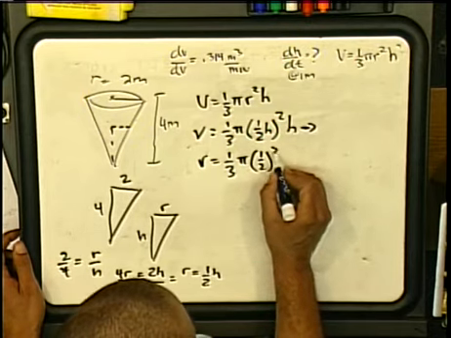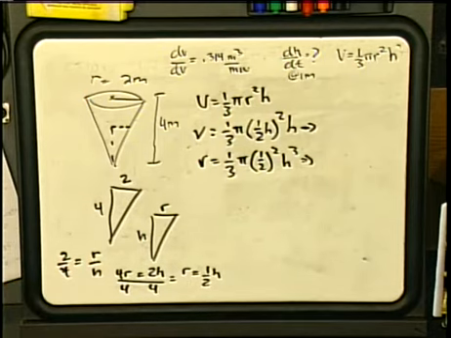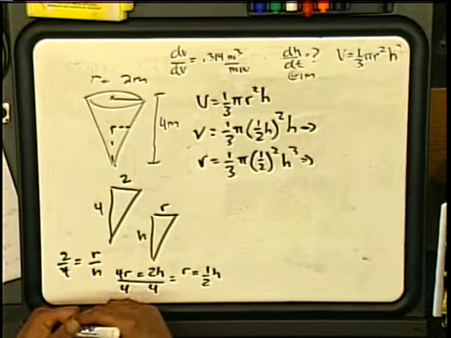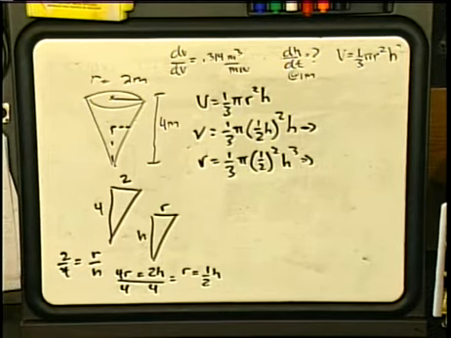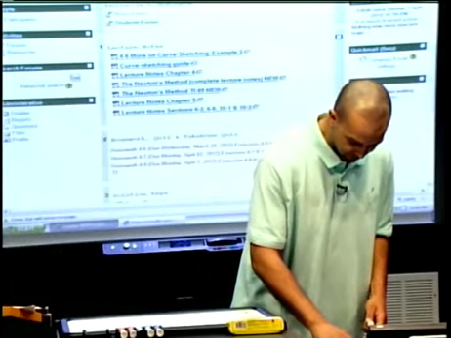One half squared h cubed. One half squared is 0.25 times 1/3.